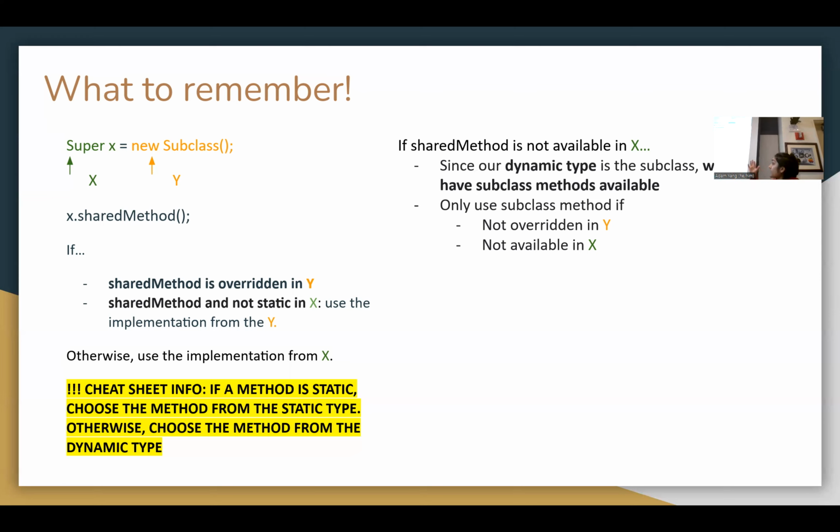So if we have a shared method that is not in the superclass, if it exists in the subclass, and you call x.sharedMethod, then you use the implementation in the subclass. But keep in mind that the rules before still apply. Anyone have any questions about that so far?